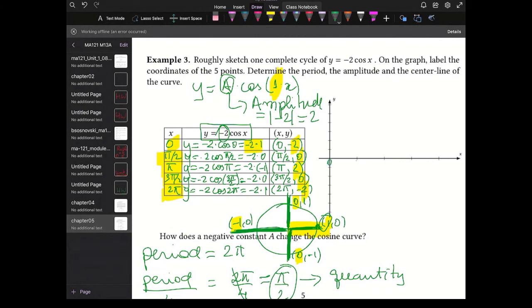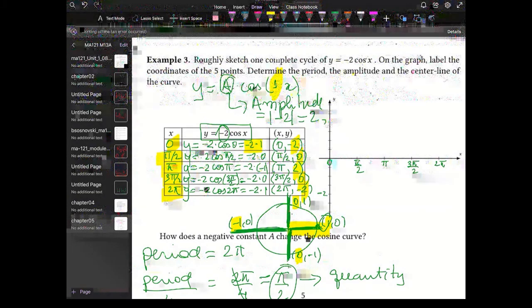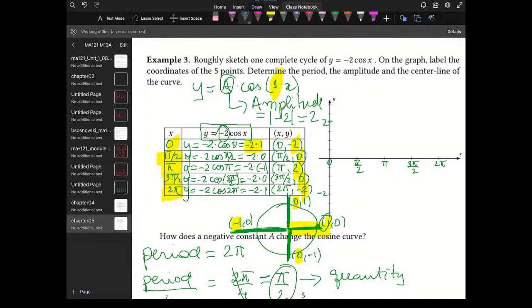So we have 0, pi over 2, pi, 3 pi over 2, 2 pi. Now for 0 radians, the value of y for the graph, you have negative 2. So let's say negative 2, 1 is somewhere right here. This is negative 2, which means the positive 2 is this value right here. So 0, negative 2 is the first point.